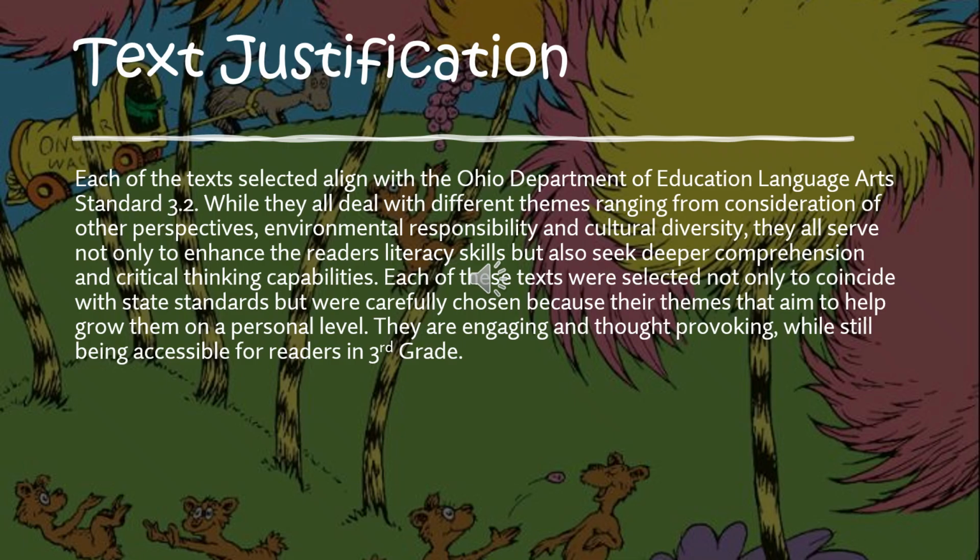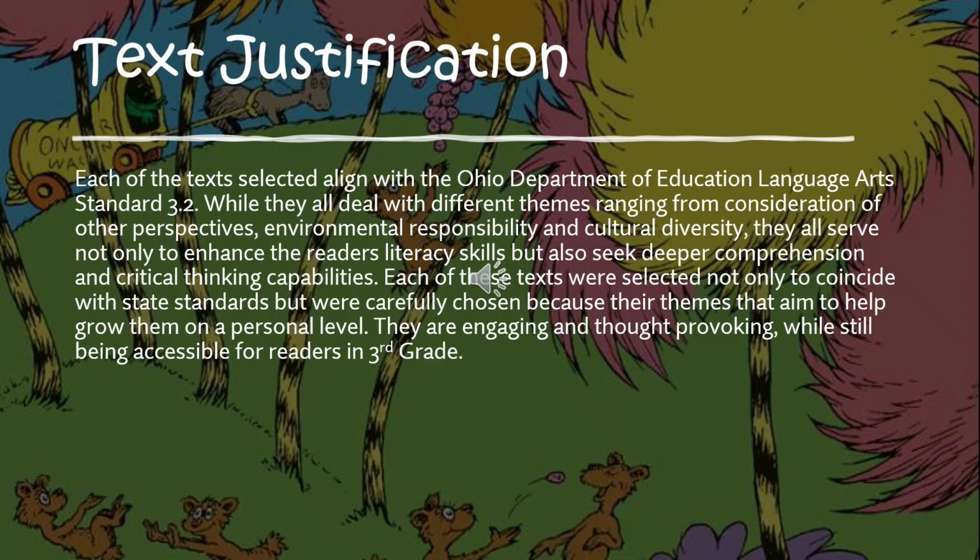Each of these texts selected align with the Ohio Department of Education Language Arts Standards 3.2. While they all deal with different themes ranging from consideration of other perspectives, environmental responsibility, and cultural diversity, they all serve not only to enhance the reader's literacy skills, but also seek deeper comprehension and critical thinking capabilities.